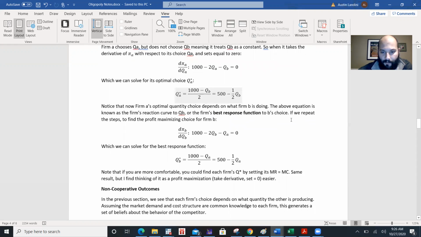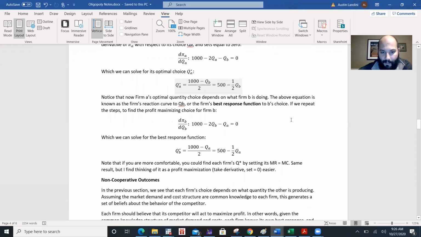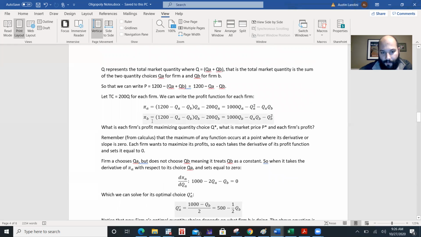If we repeat the steps for company B, so now we're taking the derivative of B's profit function with respect to quantity B. We get 1,000 minus, now QA is a constant, so QA comes along. 1 times QB to the 0 is just 1, so this is just minus QA.